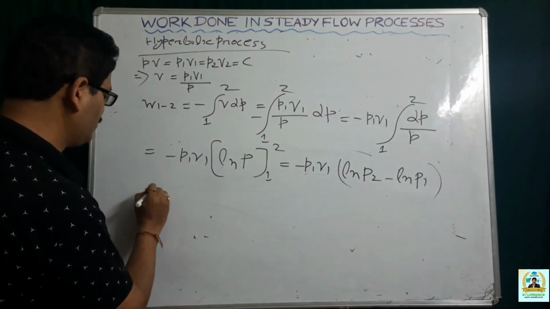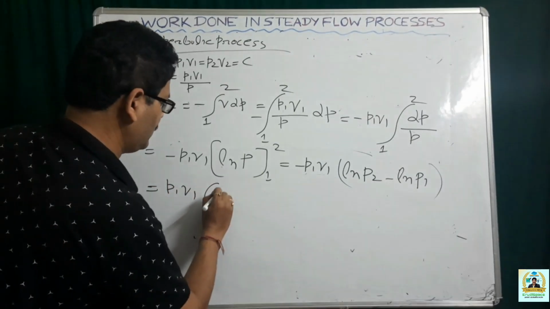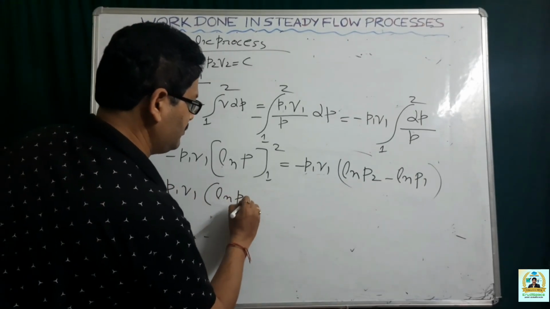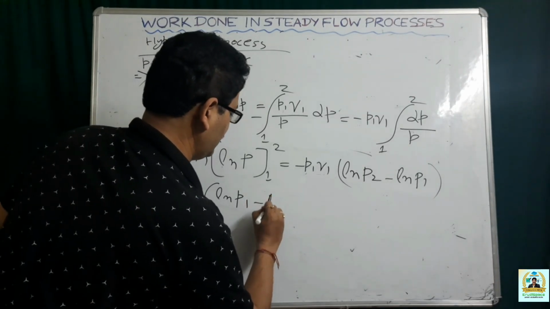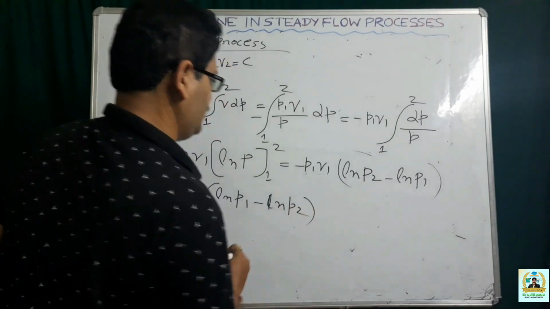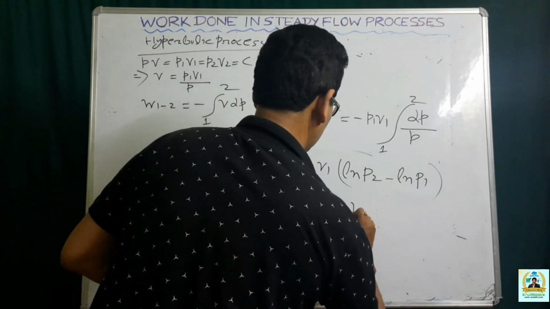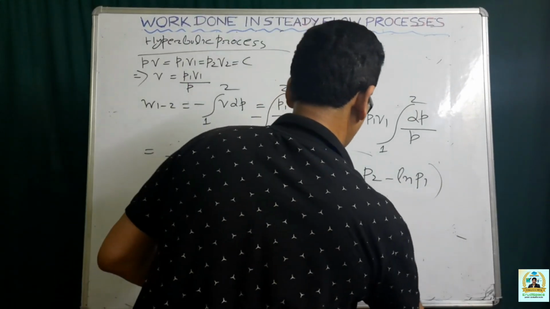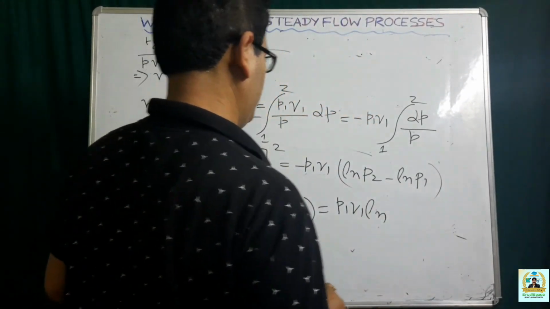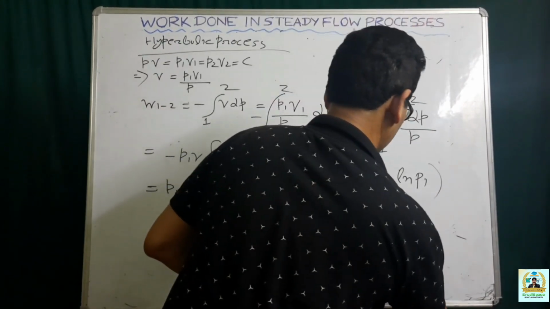This is equal to P1V1 times ln P1 minus ln P2, that is equal to P1V1 ln P1 by P2.